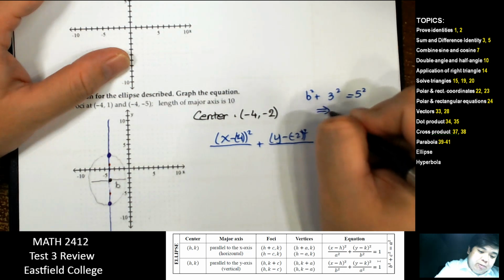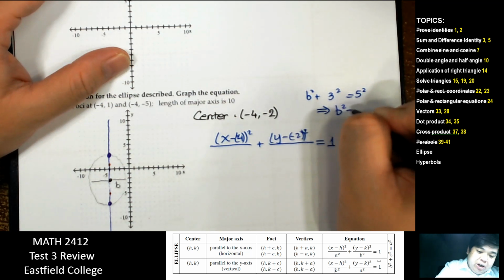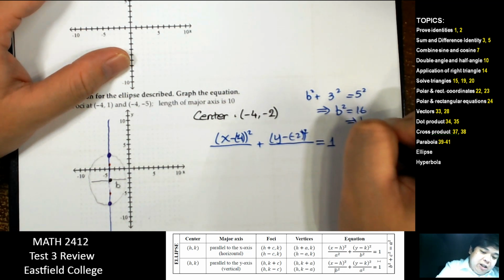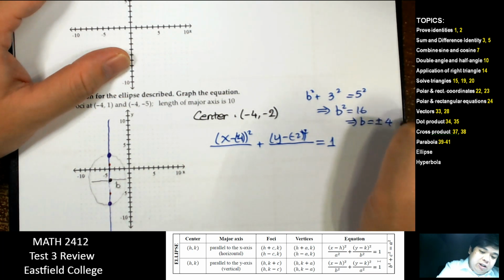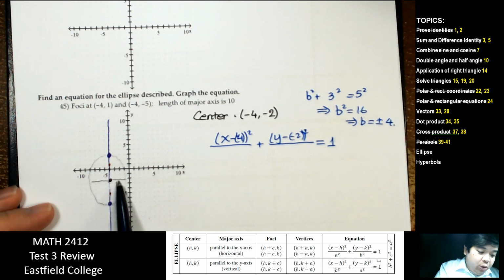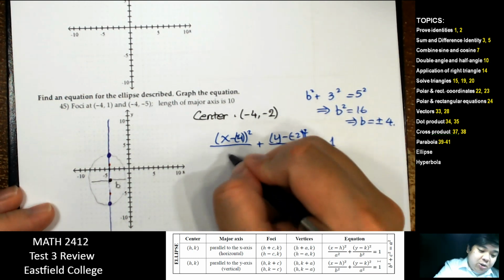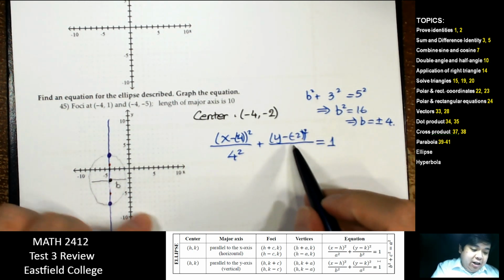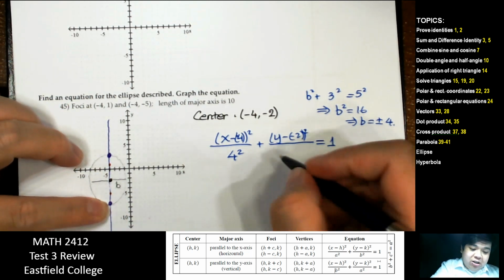So from here we have b squared equal to 16, so b is plus or minus 4. Finally, b is 4. By the way, the b will go in the x direction, so I have 4 squared here, and the bigger one in the y direction, 5 squared.